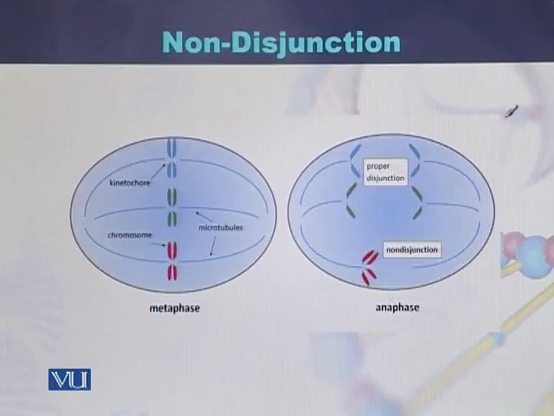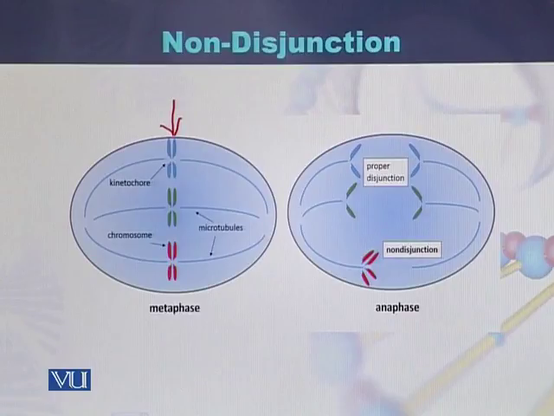In this diagram, we can see that chromosomes are arranged at the metaphase stage, that is, in the middle. These are the chromosomes in the form of homologous chromosomes. Two sister chromatids are joined at the position of the centromere.